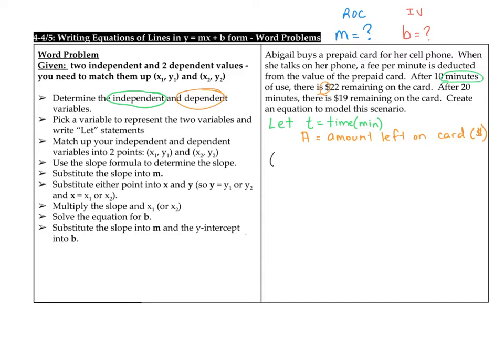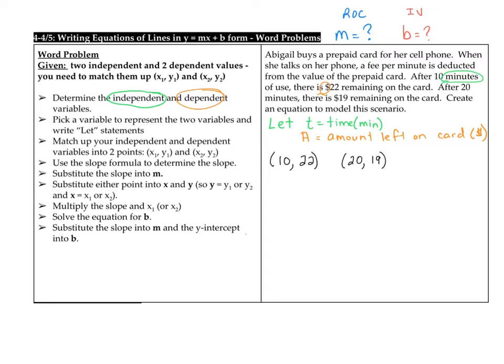First one, 10 minutes for $22. So the independent is the first one, which is 10 minutes. And the dependent is the second one, which is 22. And your second point, the time is 20 minutes. So after 20 minutes, there is $19 left.